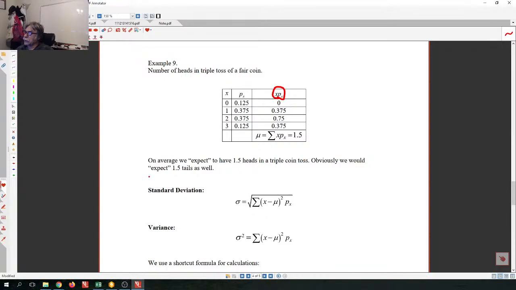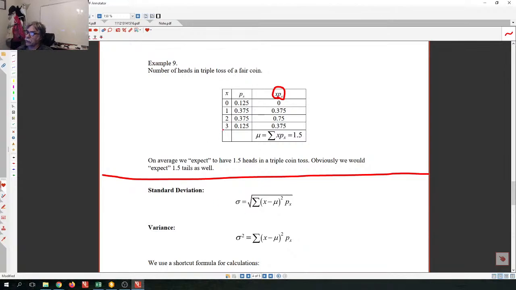Okay, so that's the story about the expectation. What about variance, variation, standard deviation? We have it just like in a sample. So you could have one head, you can have three heads, you can have one head, you can have zero heads, you can have two heads. So there is a variation.